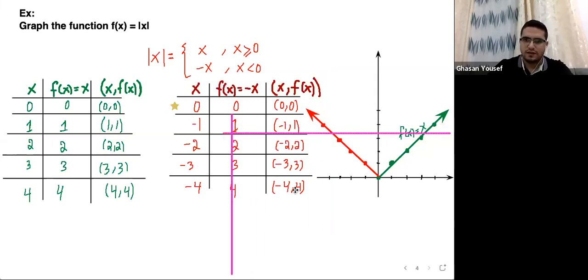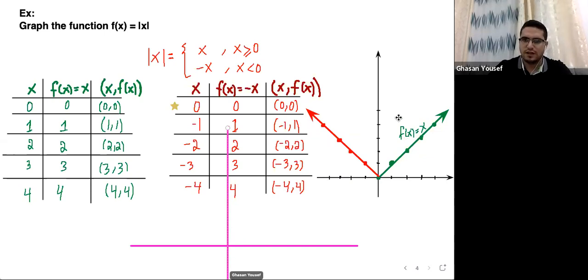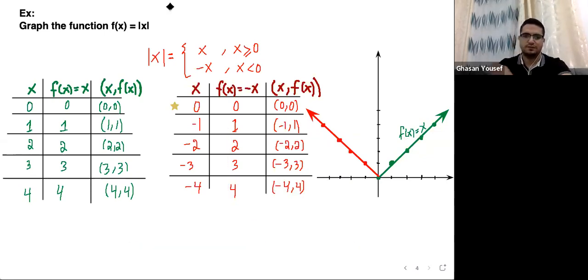And this is the graph for the second function. So this is the graph for the absolute value function. It looks like this. This is f of x equal minus x.